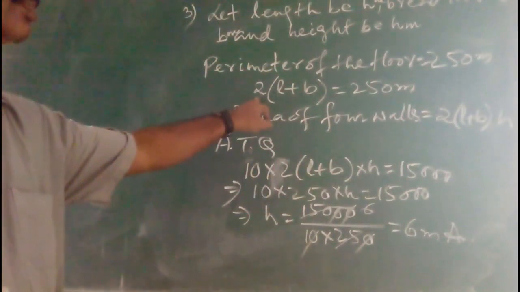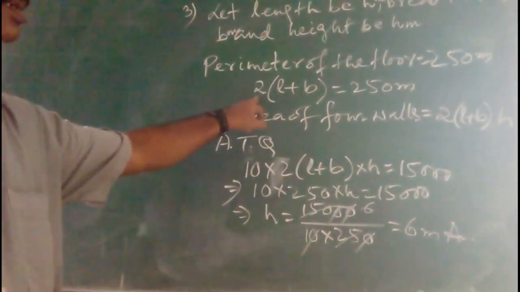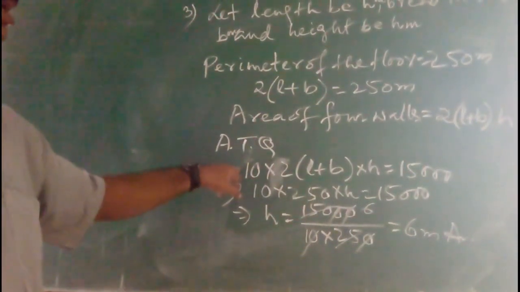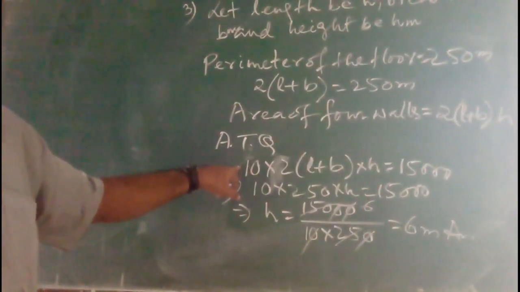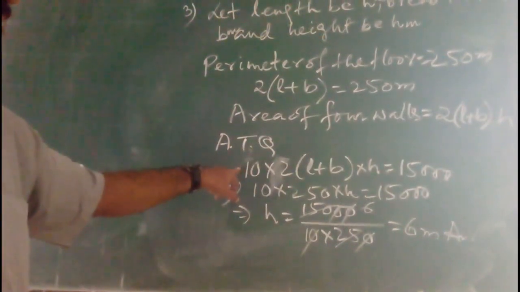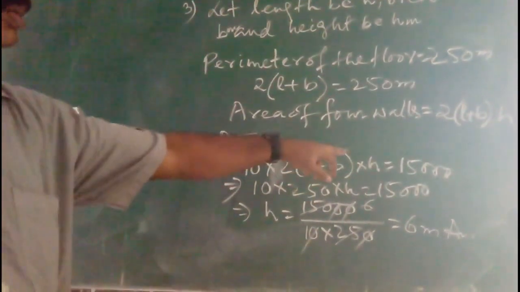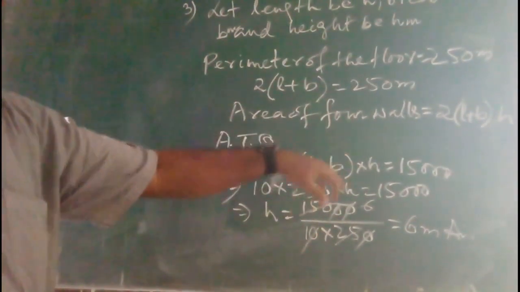The perimeter of the floor is given as 250 meters. So the cost of 4 walls is 10 rupees per meter square. In this way, total cost is 15,000.